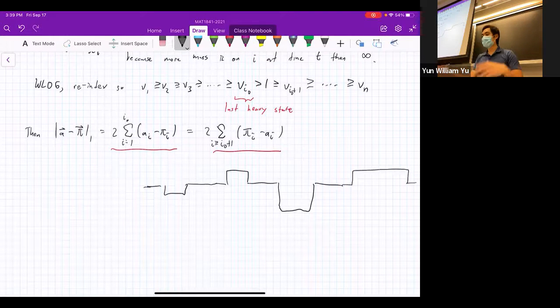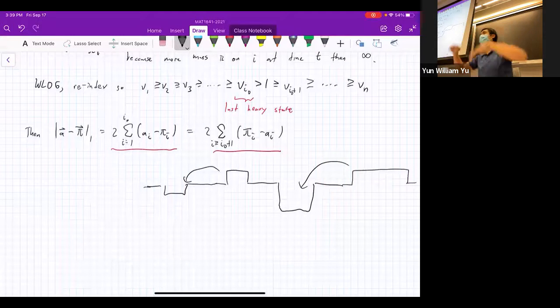Okay, so if you think about this as piles of dirt moving into holes, the amount of dirt that's above 0 has to exactly match, or otherwise you wouldn't end up with the right amount of dirt at the end of the day. And so these things have to move in. And so the total sum of the extra dirt piled on top is the same as the volume of the holes.